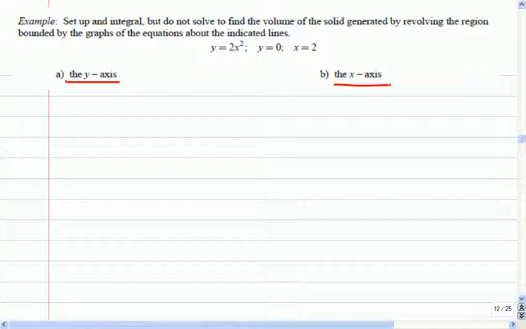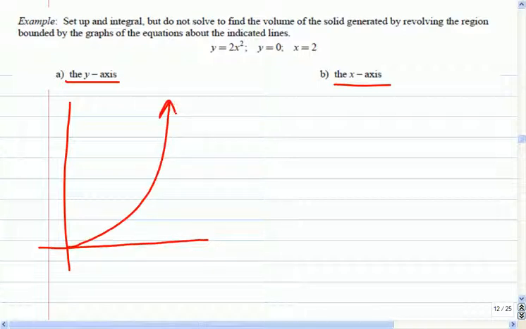Okay, so I'm going to get a picture going. I'll probably do one for each. So here's roughly what the parabola will look like. The line x equals 2 and y equals 0 is the x-axis. So the piece that we're looking at is this region in here.